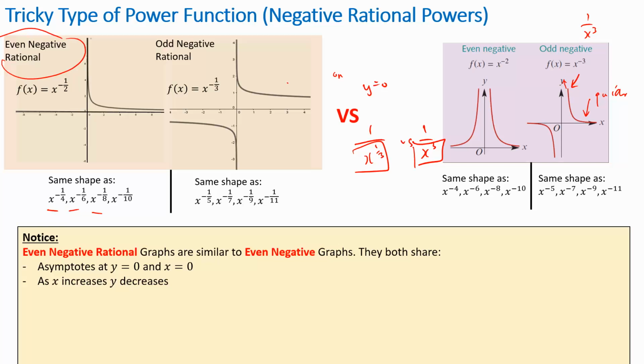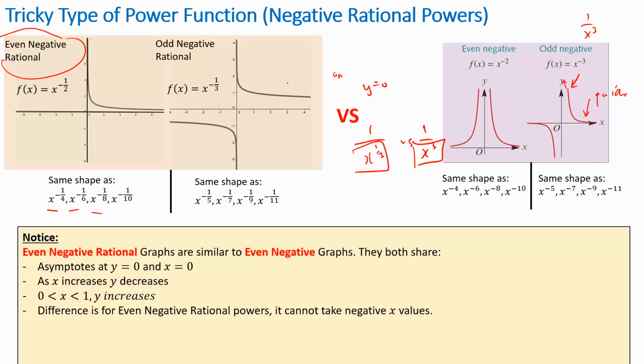That makes sense. And between 0 and 1, y increases. That's very similar for both cases, for even negative and even negative rationals. But then the difference is even negative rational powers cannot take negative x values. That's what I was saying. 1 over square root of x, or 1 over the fourth root of x, we know that it can't take negative numbers. That's the only difference.